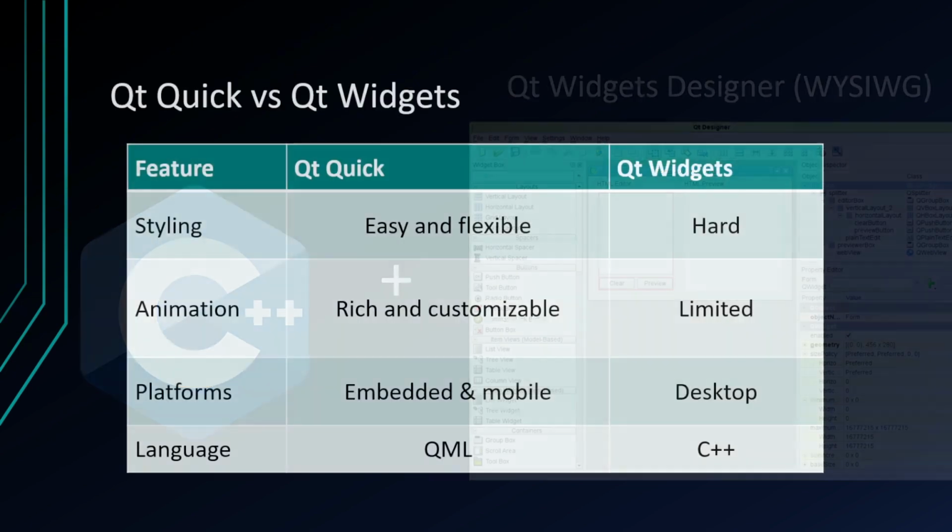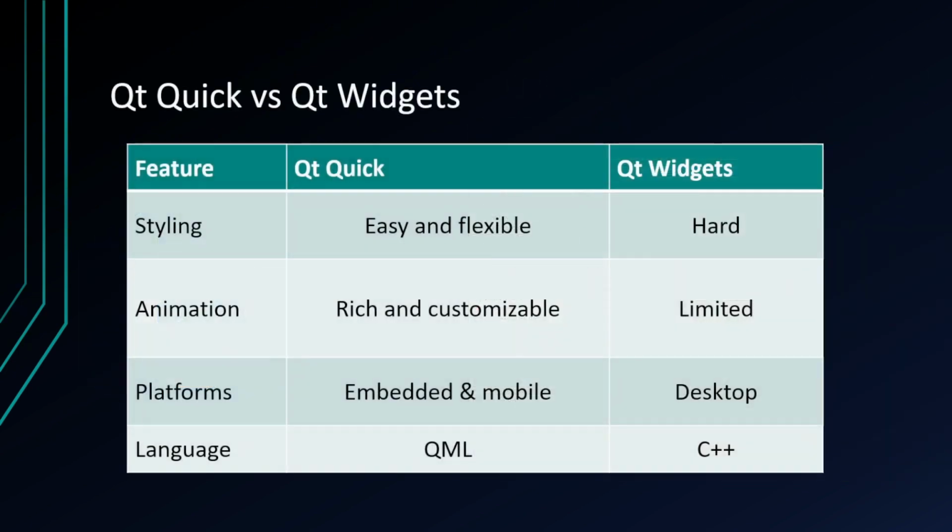To summarize the difference between Qt Quick and Qt widgets, I have this table. Qt Quick is easy and flexible in styling, has rich and customizable animation, and supports embedded, mobile, and also desktop platforms. The language used is QML.